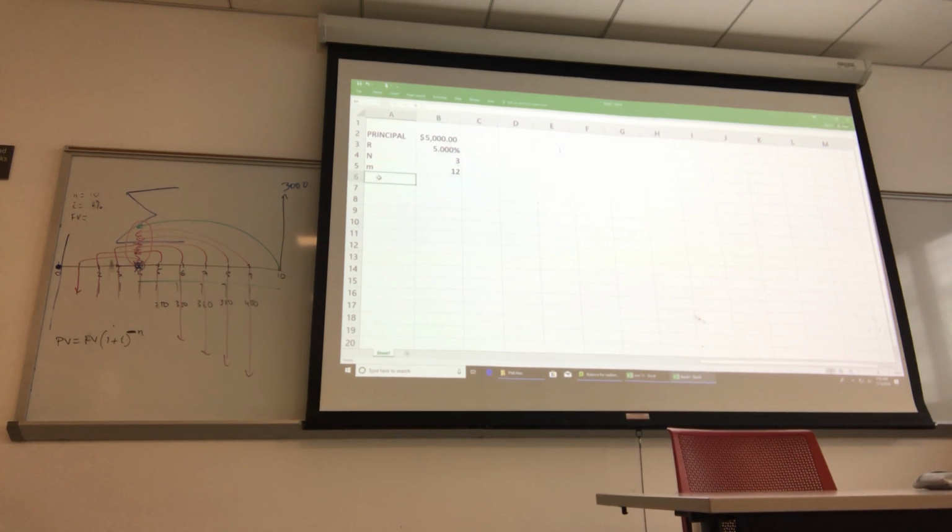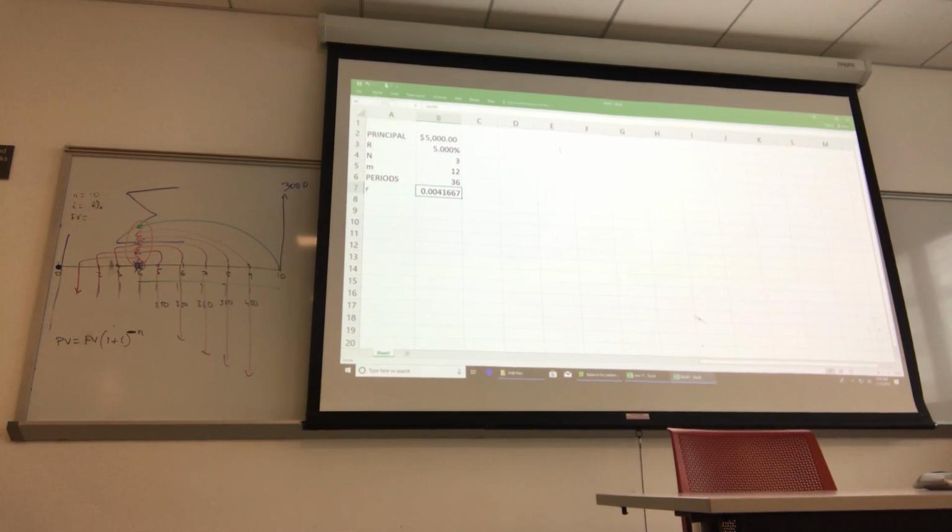We need to know how many periods we have. The periods are 12 multiplied by 3. And we need to know what is the rate for every month. The rate for every month is 5% divided by 12.